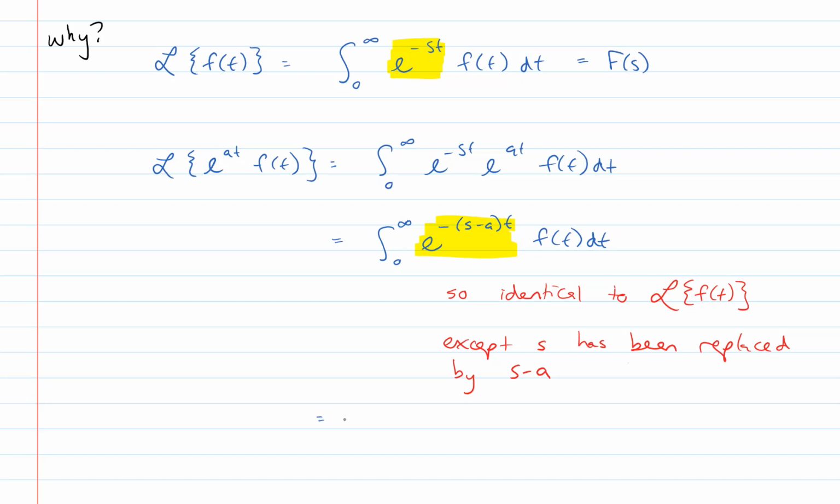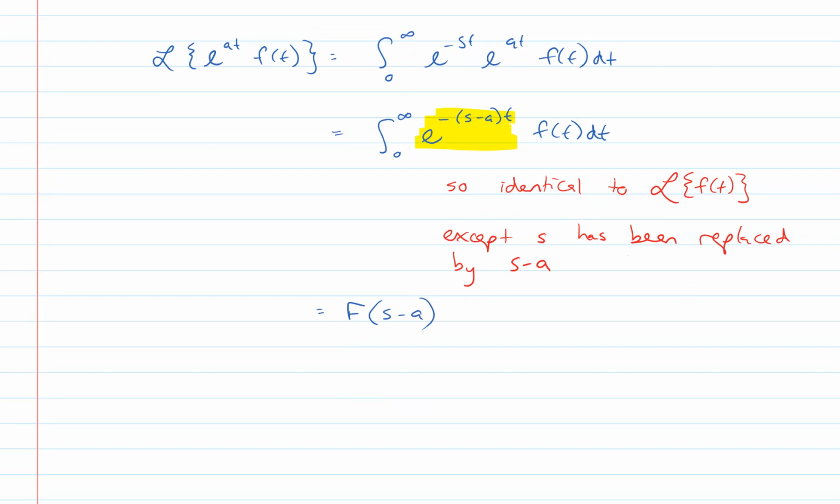And so we can say that this is the same as F of s, except that instead of F of s, we're just going to write F of s minus a. So this is just F of s shifted to the right by a, our variable, units.